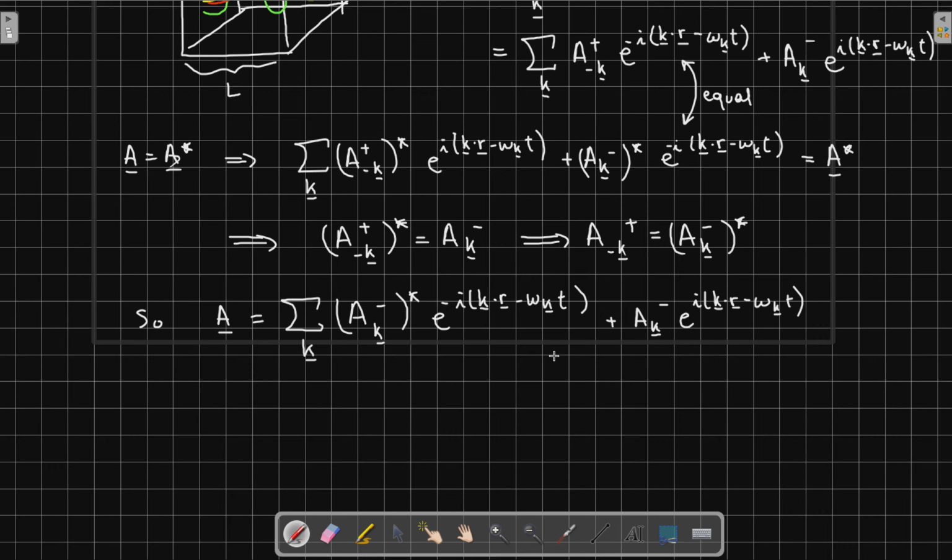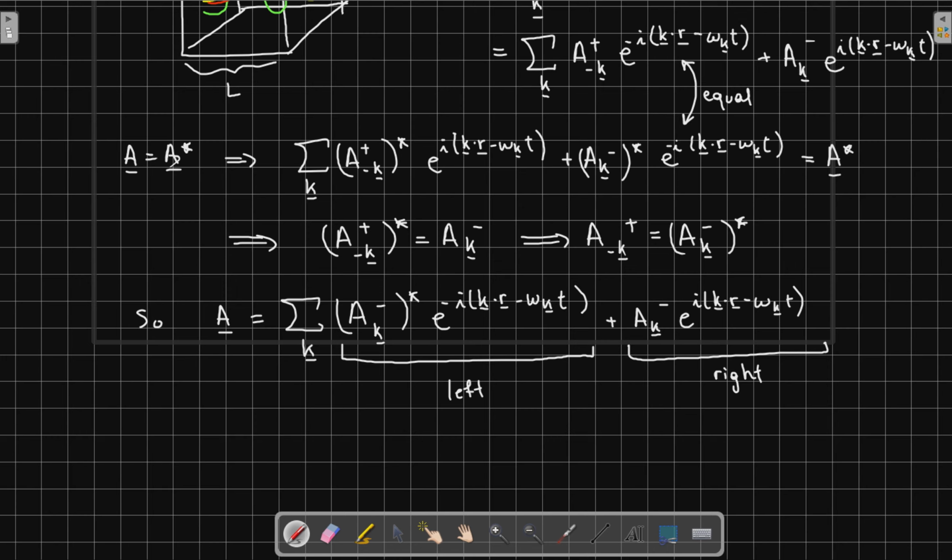As you can see, this has to be a real quantity because this is just the complex conjugate of this, right? So this is the complex conjugate of this. This travels to the right and this to the left.